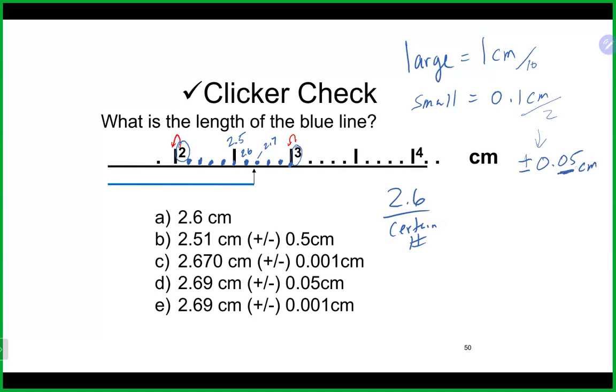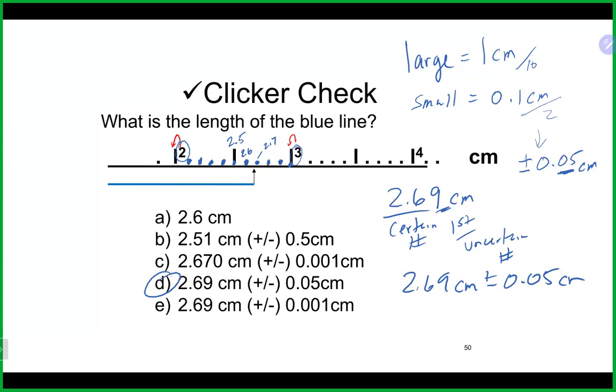For all intents and purposes, that is 2 decimal places. So we do need to add one more, which is our estimated digit in this case. And in this case, it looks like it's fairly close to the 2.7. So it looks like they went with a 9, which would be our first uncertain number. And obviously our units as well. Putting all that together, 2.69 centimeters plus or minus 0.05 centimeters.